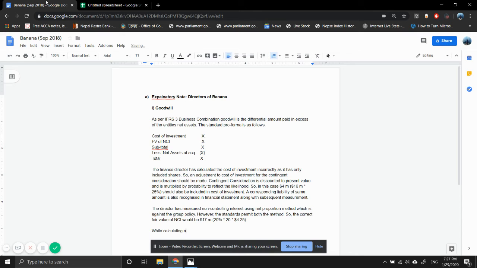While calculating net assets, the carrying amount does not include the fair value increase in land of $5 million. So the correct figure is 75 million.